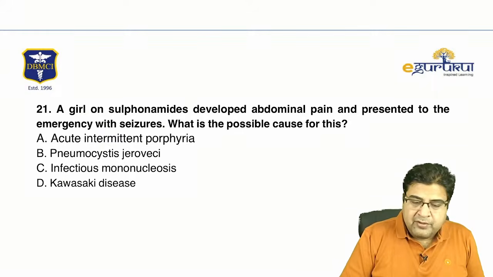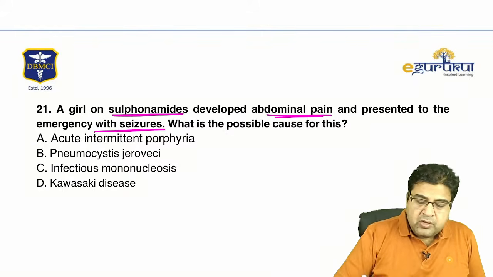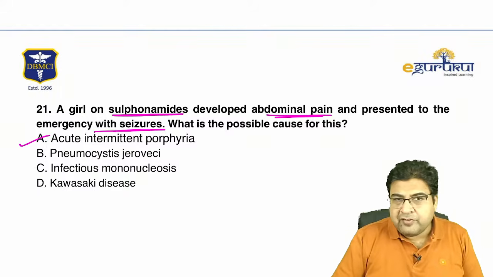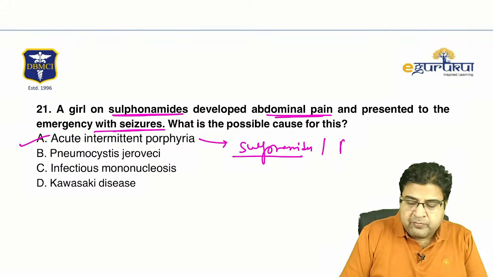Now question number 21. A girl on sulfonamides developed abdominal pain and presented in emergency with seizures. These are symptoms of porphyria. In porphyria patients, we do not give sulfonamides, we do not give barbiturates.